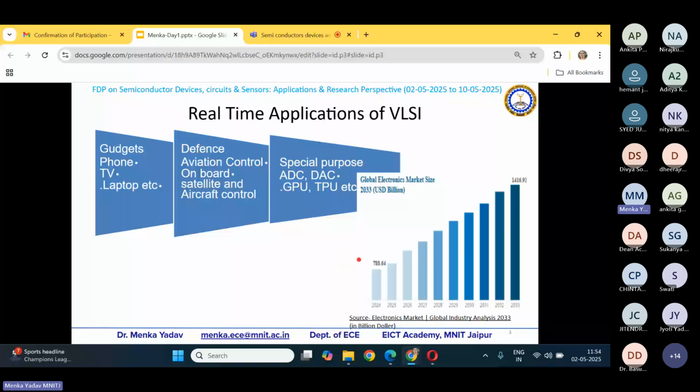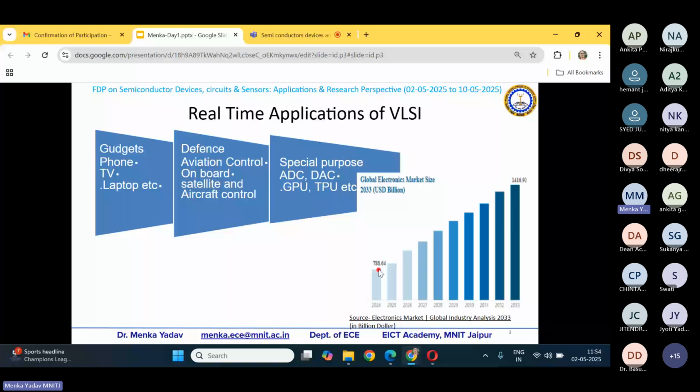You can see that in 2033, this is expected to reach $1.4 trillion. Currently, it is approximately $0.8 trillion. It is approximately the worldwide economy.